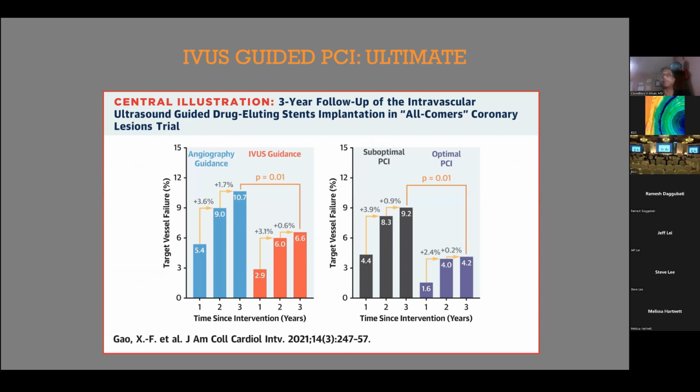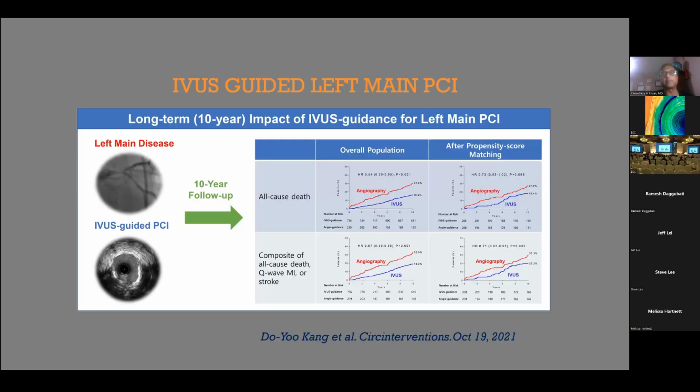Now, if you look at further, then the optimal PCI, if you use IVUS, and then by using the IVUS, you are able to do the stent expansion, take care of the residual stenosis, then the outcome is most favorable.